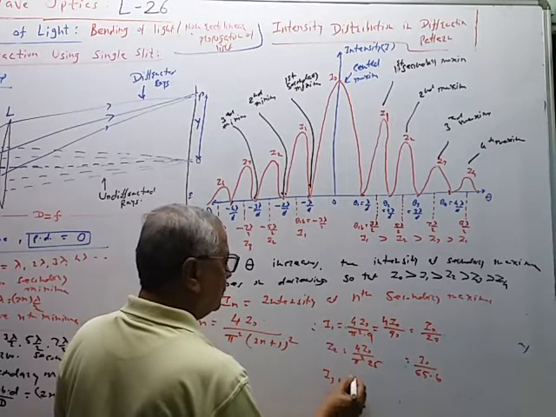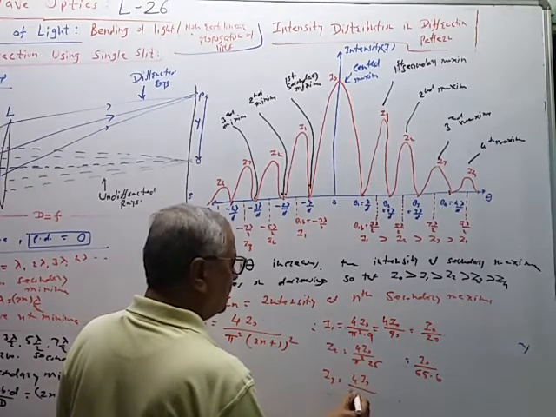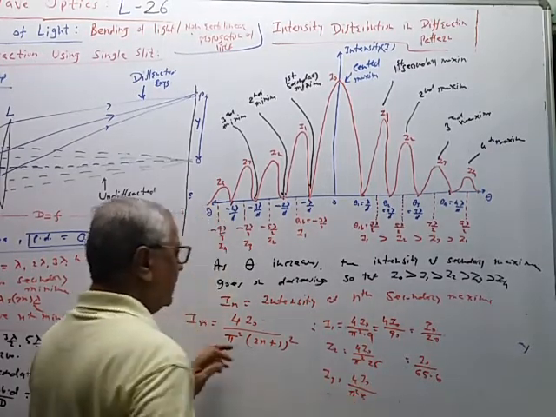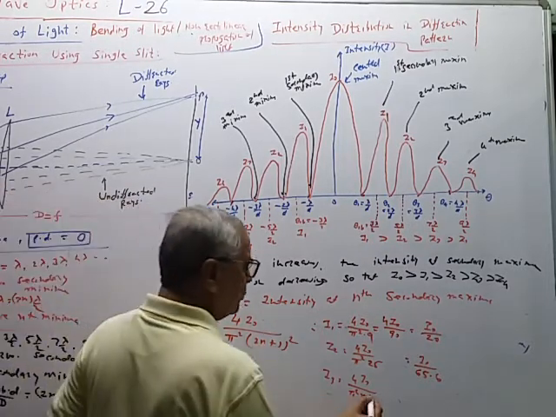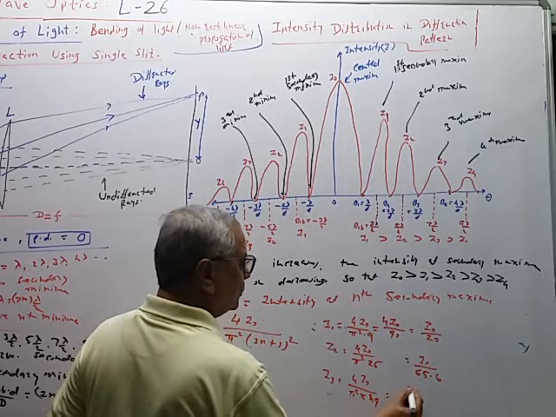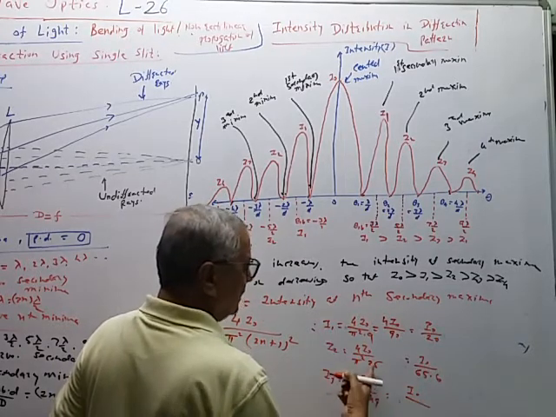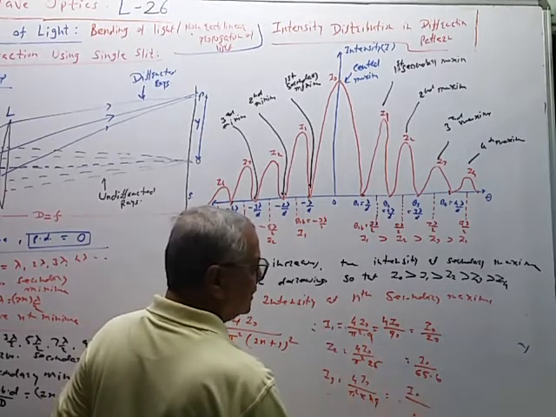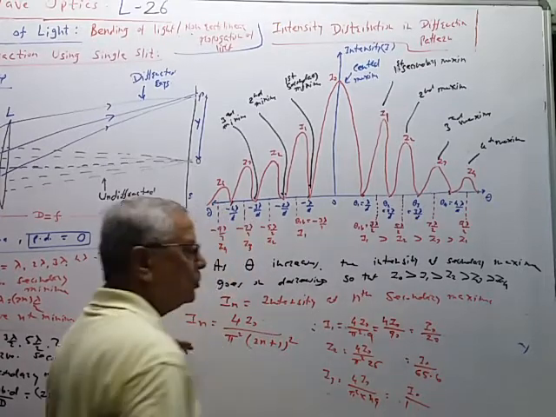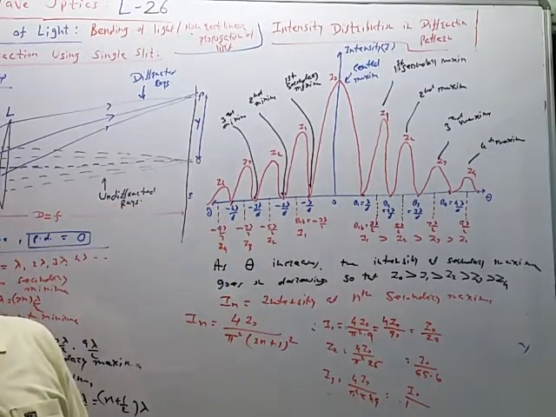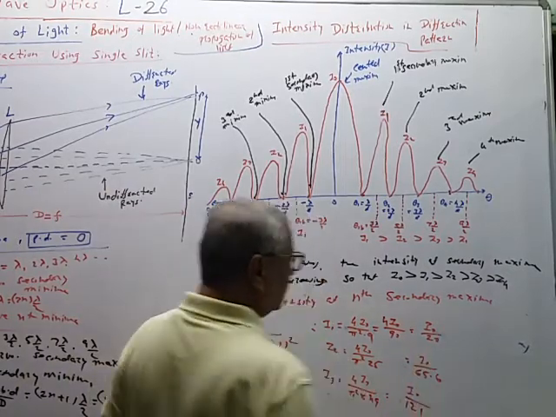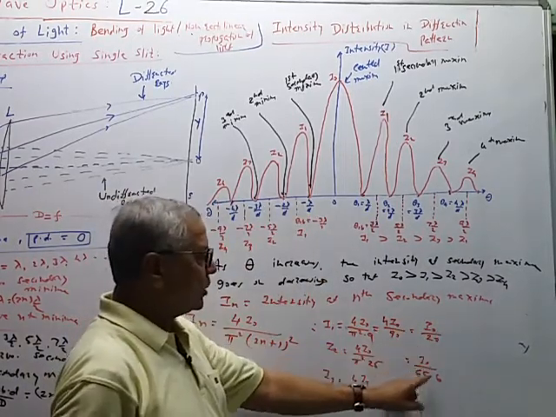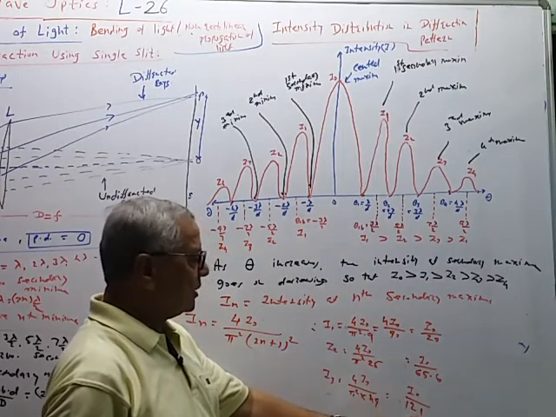I3 is equal to 4 times I0 upon pi square, and here 3 into 2 is 6, plus 1 is 7, so 7 squared is 49. So this is equal to I0 upon nearly 121. So see these values: I0 by 20, I0 by 65.5, I0 by 121.